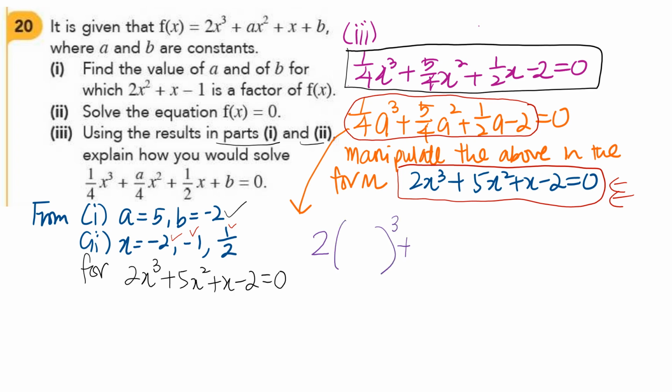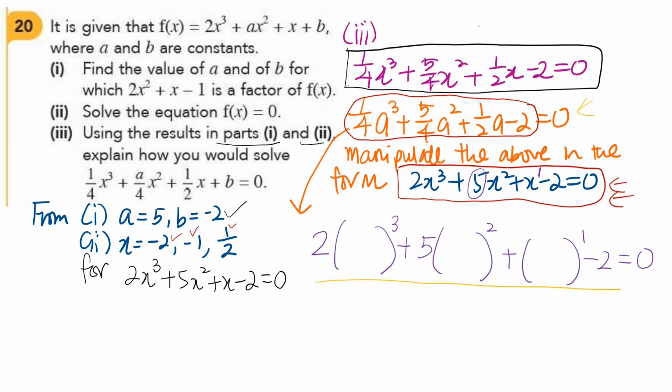I need to have a 5 there, then something to the power of 2, and then something to the power of 1, then of course negative 2 equals to 0. Understand what I'm saying? So I need to do some magic to my orange guy to make it like this.